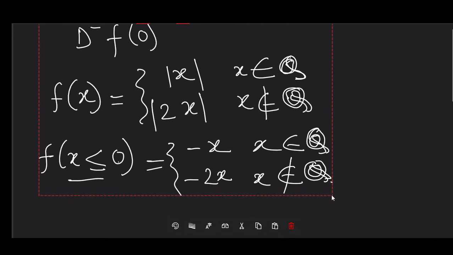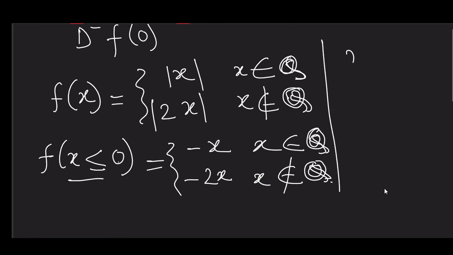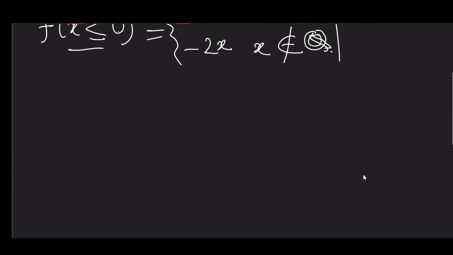Anyway, one thing is very clear to us: if we consider a region where x is less than 0, then minus 2x is greater than minus x.